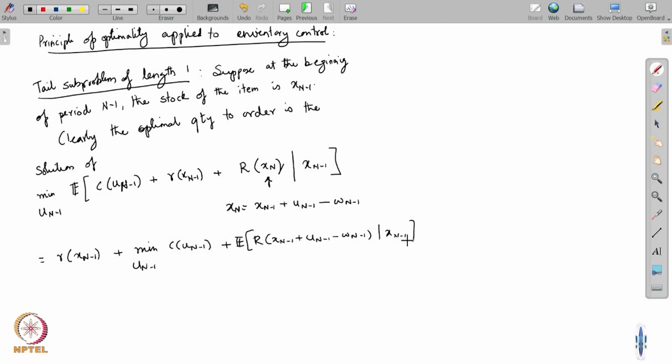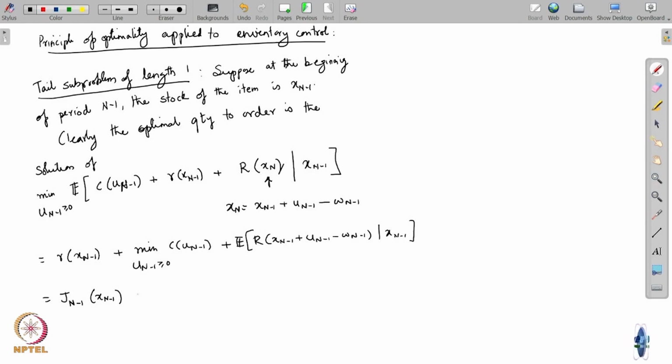Now let us denote this particular thing here by a term, let us call this j n minus 1 of x n minus 1. Remember, we want to order a non-negative amount always, so the action is to be constrained in this way. This was our constraint on the action.